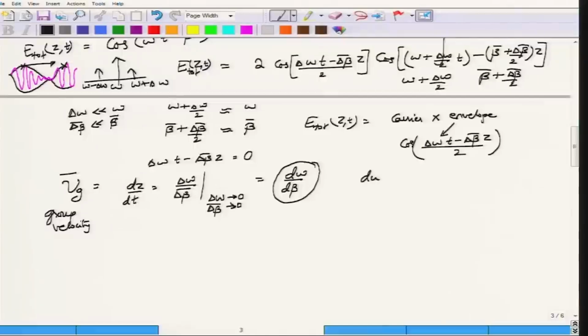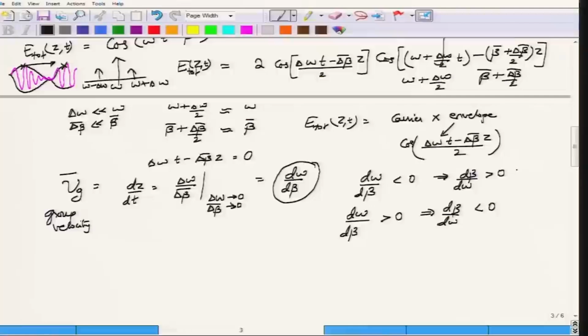In most cases, you have d omega by d beta greater than 0, or you will have situations where d omega by d beta is less than 0. If d omega by d beta is greater than 0, this indicates that d beta by d omega is greater than 0, and the other case indicates d beta by d omega is less than 0.